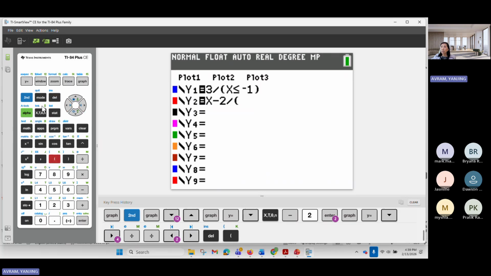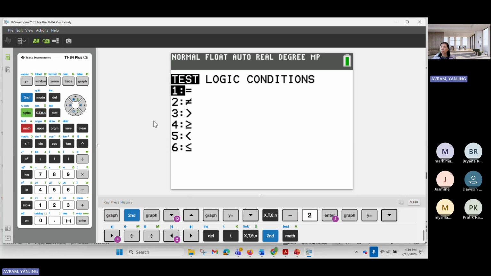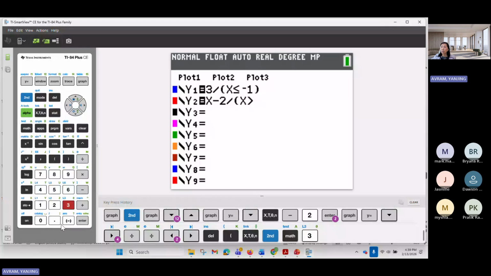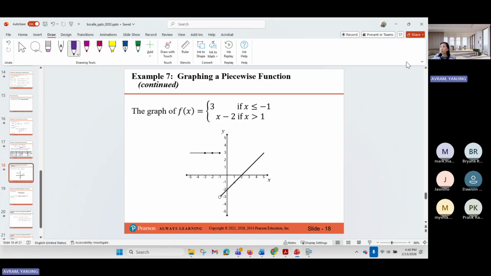Using the parenthesis, set the x value. x should be greater than 1, right? Greater than, using number 3. Okay. Greater than -1, I think. Greater than -1. Oh, greater than 1. This should be greater than -1. Look at this one.